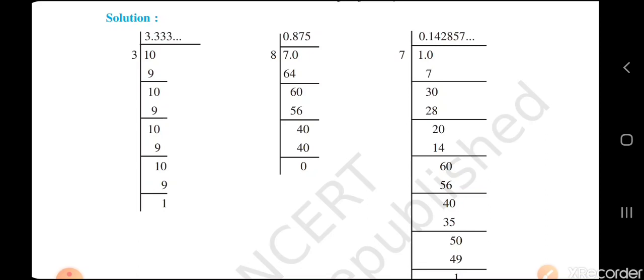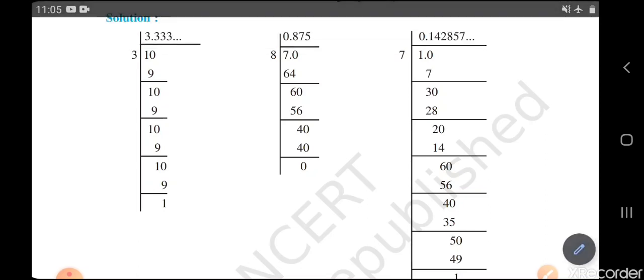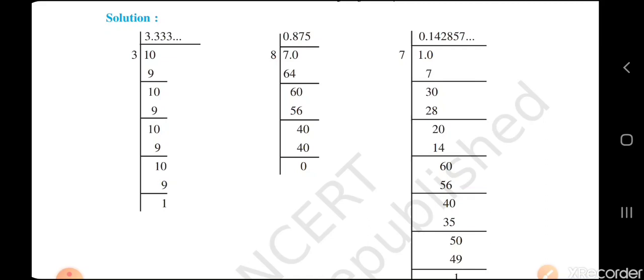The second thing: the number of entries in the repeating string of remainders is less than the divisor. In 1 upon 3, one number repeats itself, that is 1, and the divisor is 3.